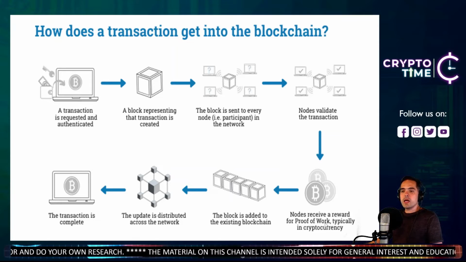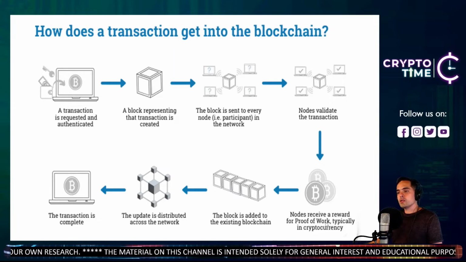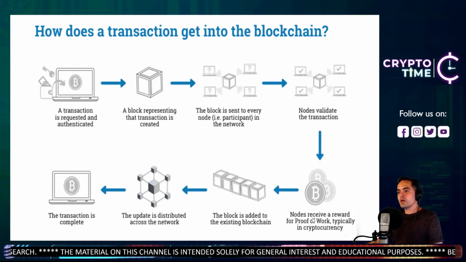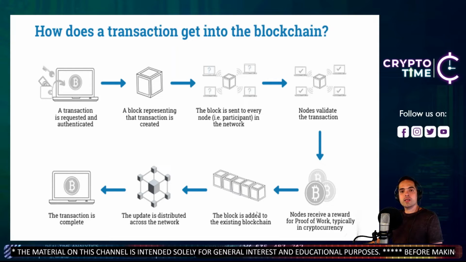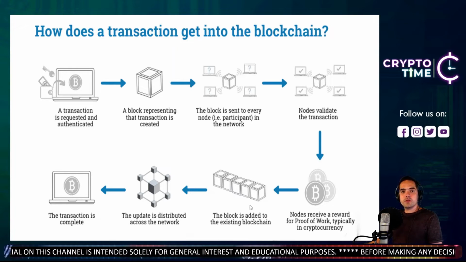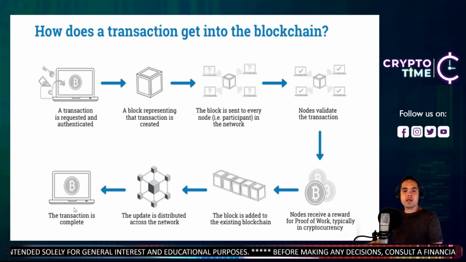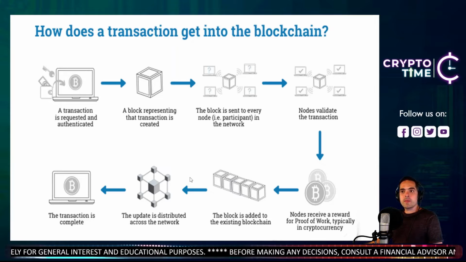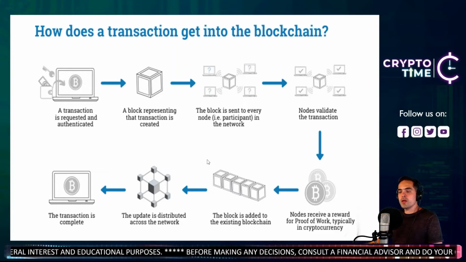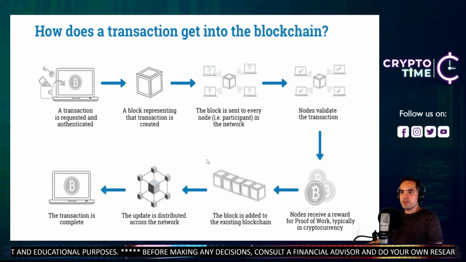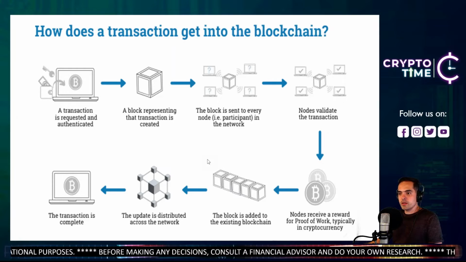In this case, we have a video about Bitcoin, so we talk more about the proof of work. Then that new block is added to the blockchain, the blockchain is updated, and the transaction is completed. Okay, so that's a very simple way to explain how the transaction gets into the blockchain.